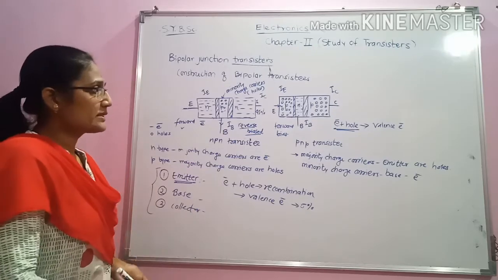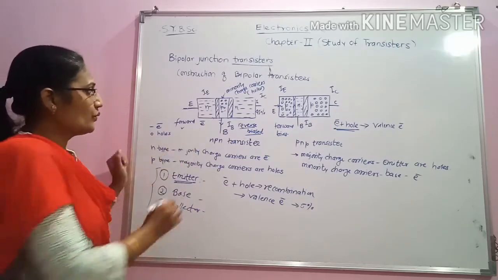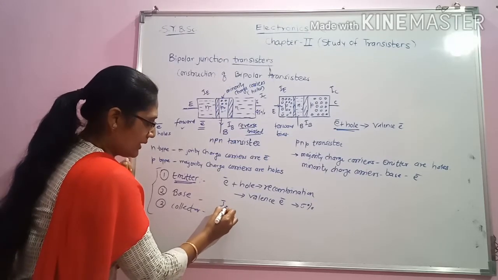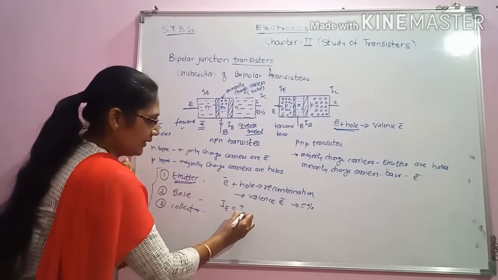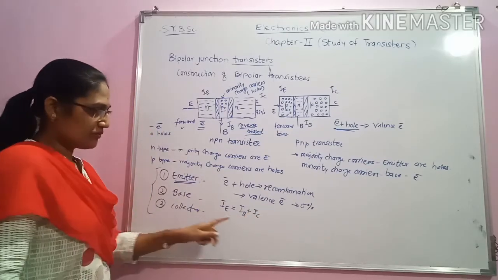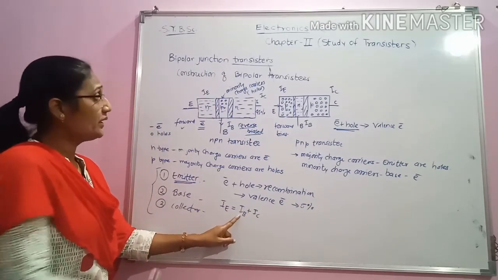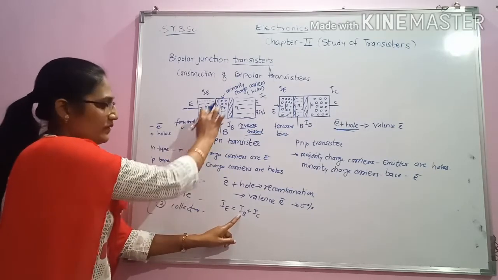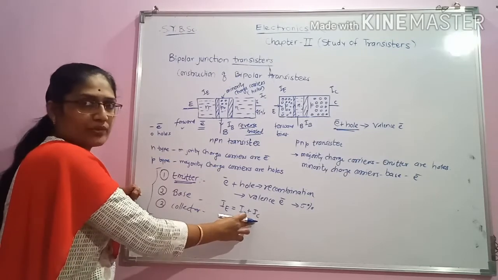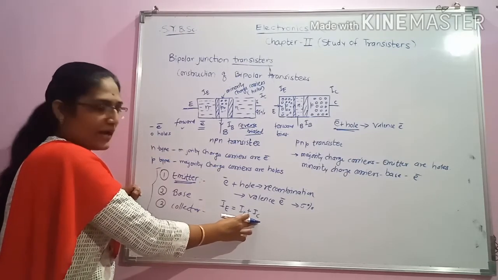Hence we have seen that IE is nothing but base current IB plus collector current IC, because 5% from this is giving rise to IB, and the remaining 95% is giving rise to IC.